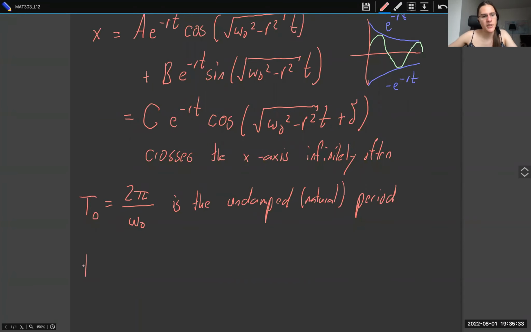And then T, which is 2 pi over the square root of omega naught squared minus R squared, this is known as the damped period.